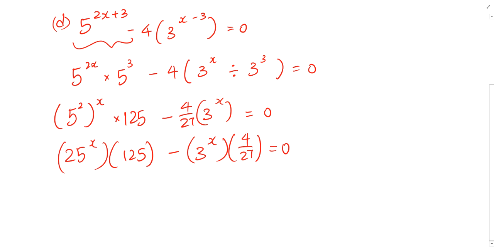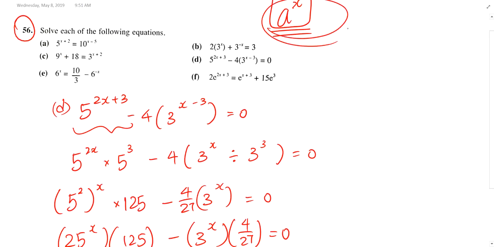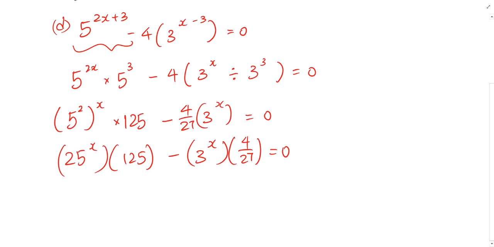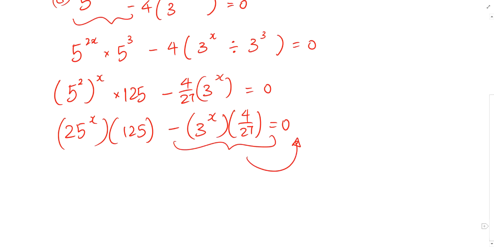So right now I have something to the power x times something, minus something to the power x again. But like I said, I always want to isolate just a constant to the power x. Now I've got two terms with a power x. I want to combine them together. Move all these to this side. So 125 times 25 to the power x equals 4 over 27, 3 to the power x.